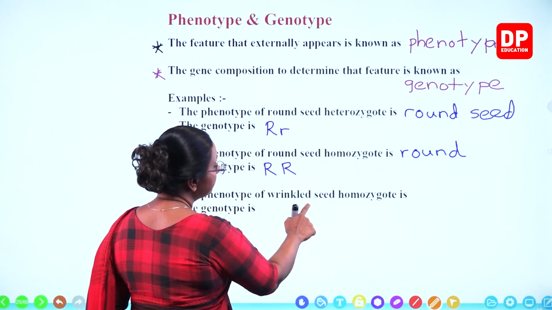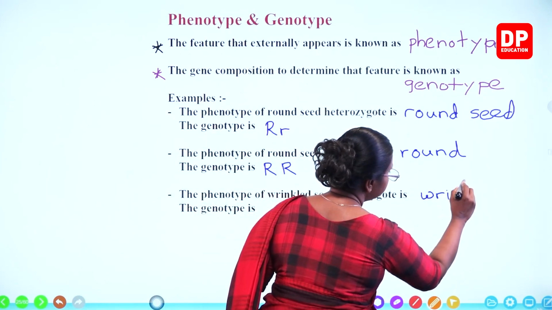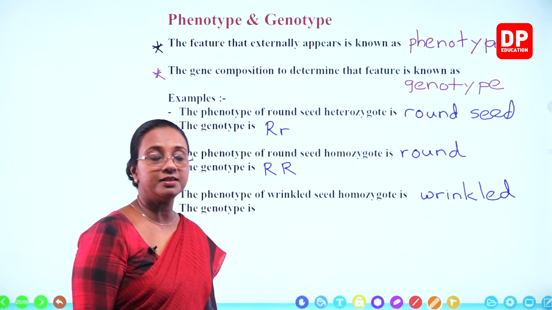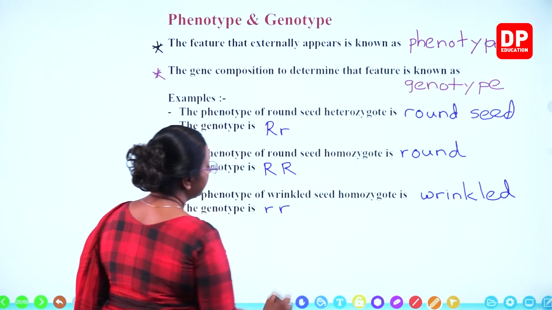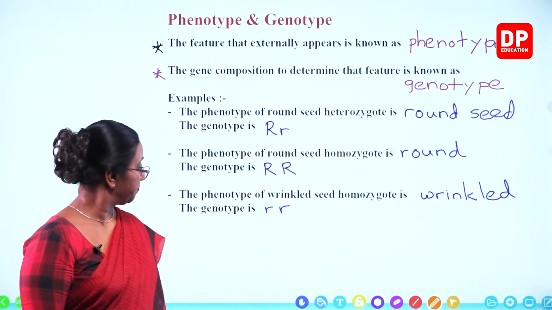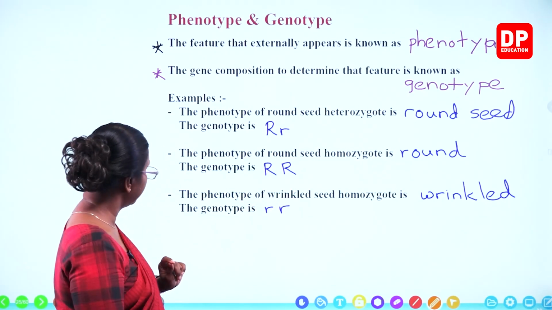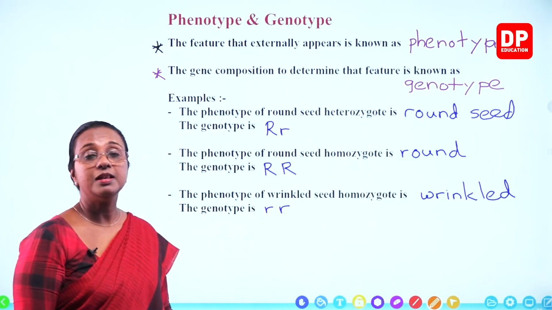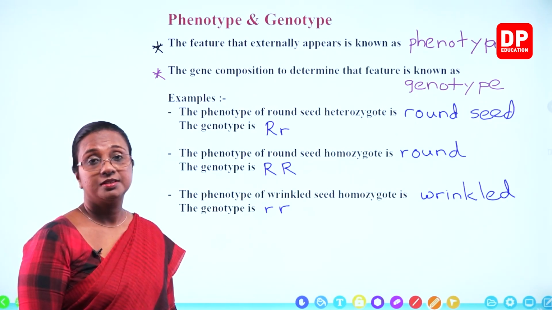If we say wrinkled seed homozygote, it has to be wrinkled, and you all can remember, this is the recessive characteristic. And then the genotype will be simple R, simple R. Is that okay? So the phenotype of wrinkled seed homozygote is wrinkled. The genotype is simple R, simple R. Is that clear to you all, students?